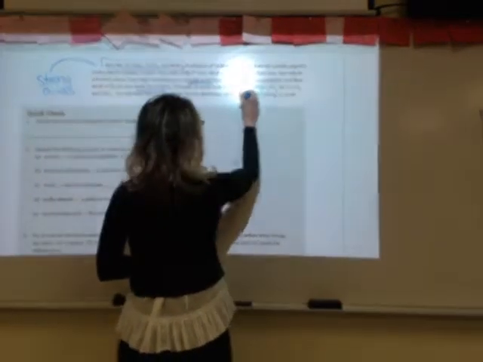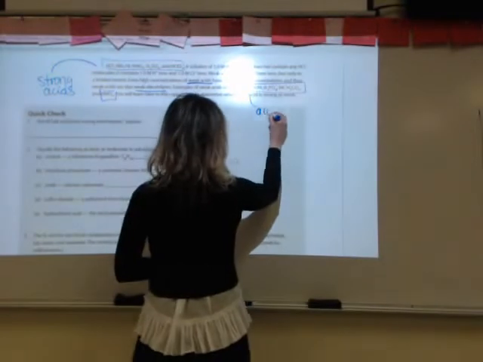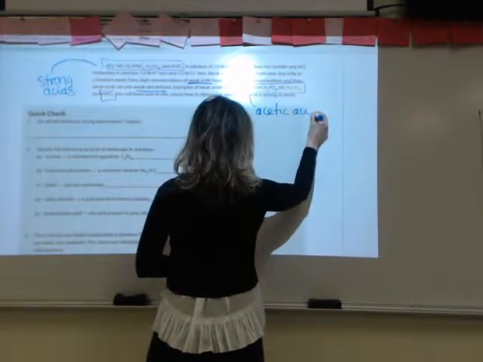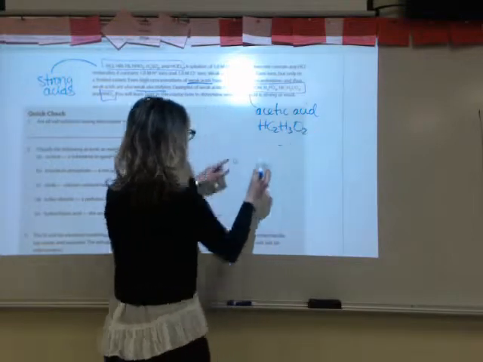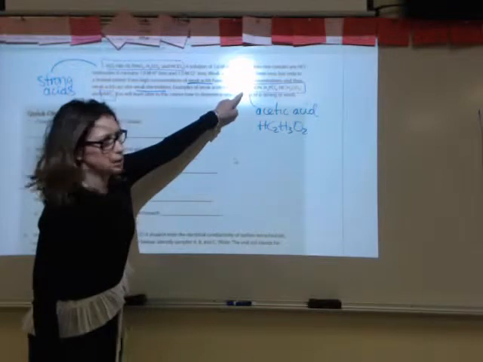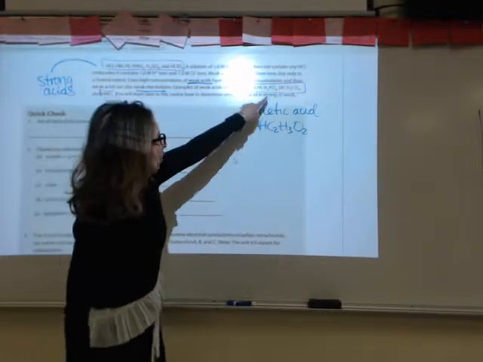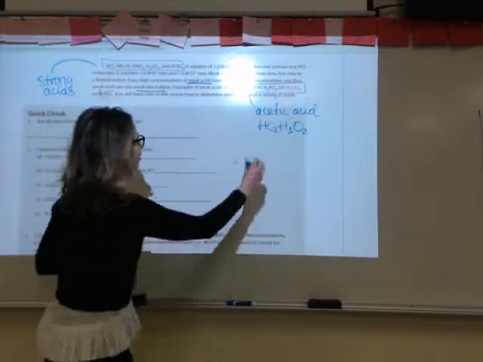So these include things like acetic acid, which can be written a couple of different ways. This is probably the way that you're used to seeing acetic acid written. They also write it as CH3COOH. You have phosphoric acid, hydrofluoric acid, carbonic acid.